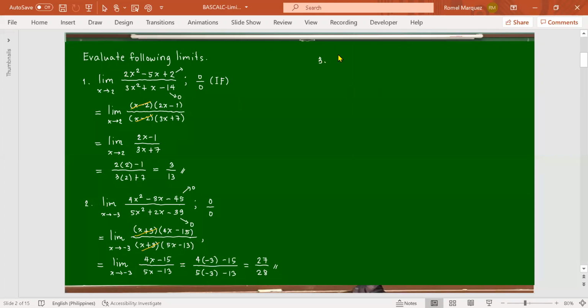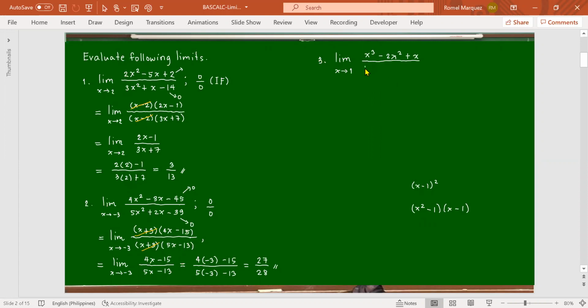Next problem: limit as x approaches, let's say, 1 of (x − 1)² times x, that is, x cubed minus 2x squared plus x, all over x squared minus 1 times x minus 1.